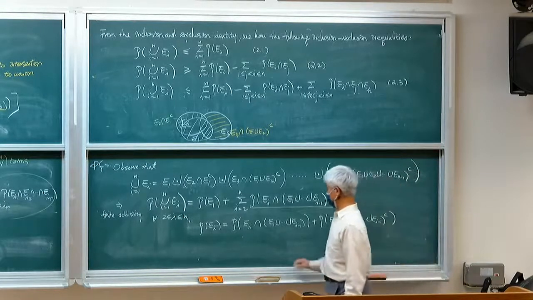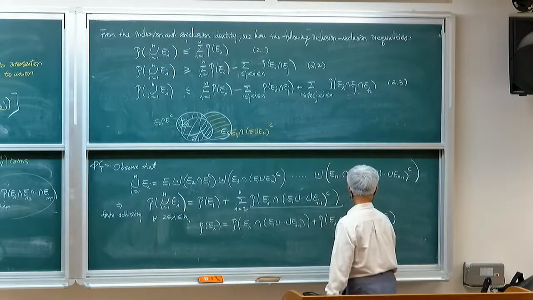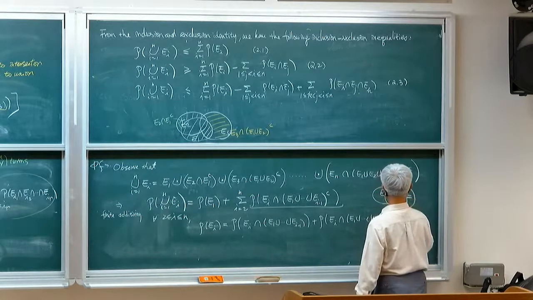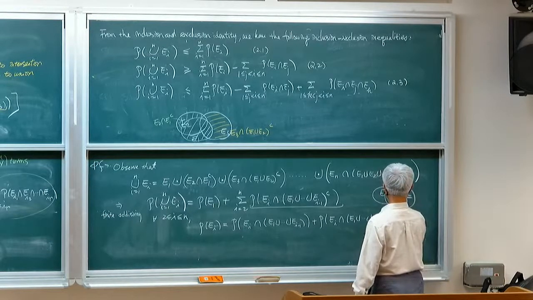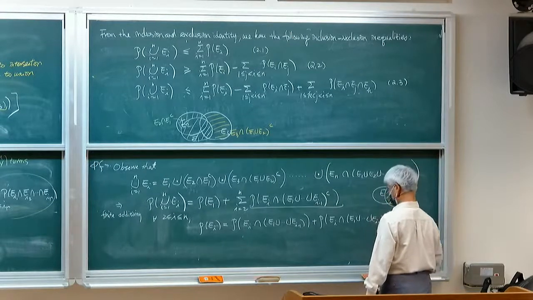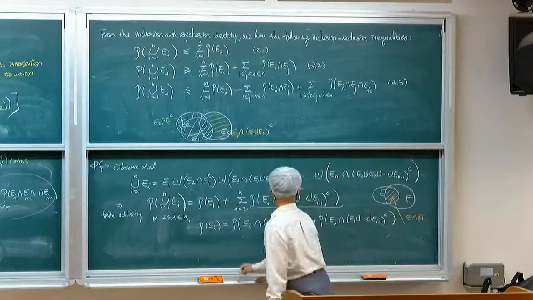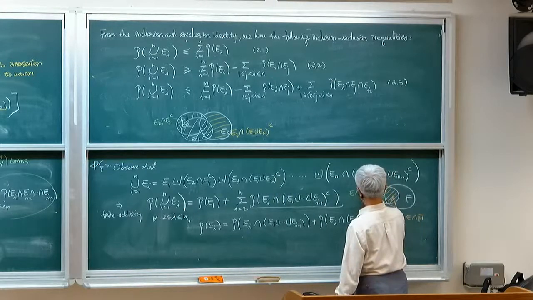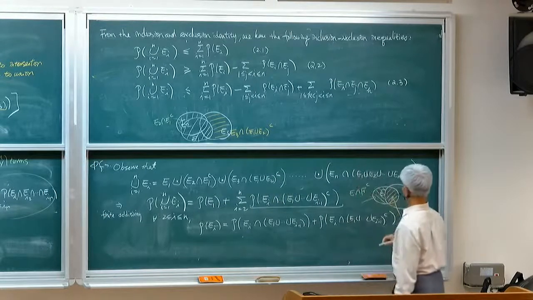Think about the diagram. Suppose this is E, this is F. So now E can be decomposed into E intersect F, and the other part, which is E intersect F complement, right?